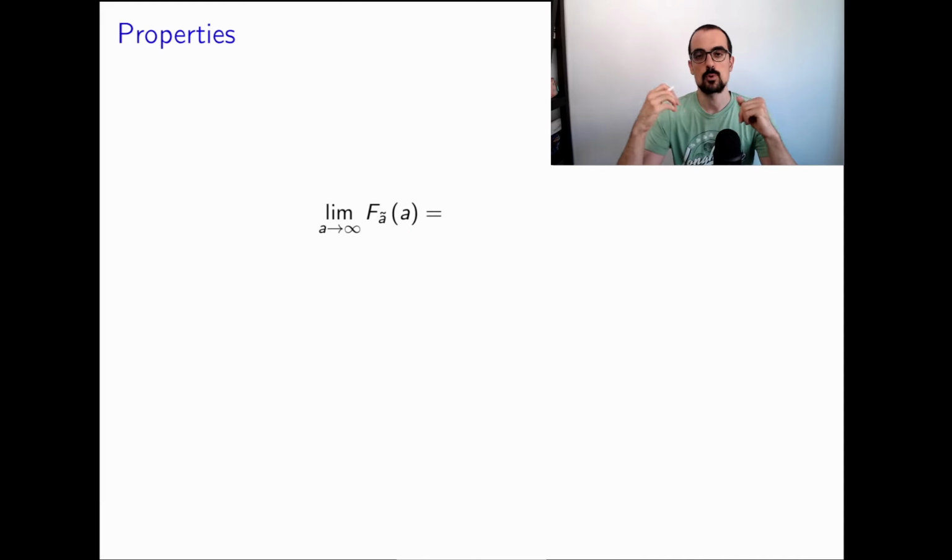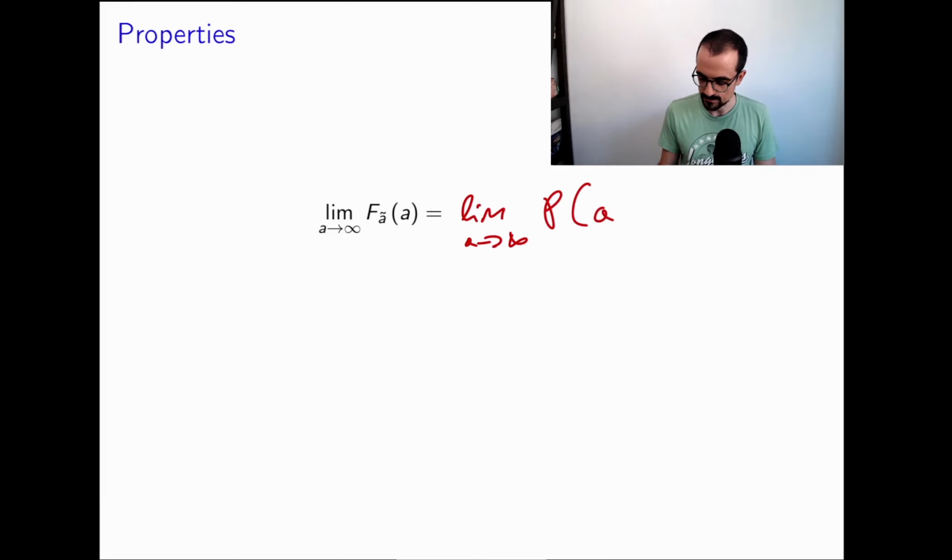So let's think of what properties this function is going to have. We'll see a picture in a moment. If we take the limit as a goes to infinity of the probability that the random variable is smaller or equal to a, this is the probability that the random variable is smaller than any value in the real line, right? Because we're going to infinity, so basically this is just the probability of the real line.